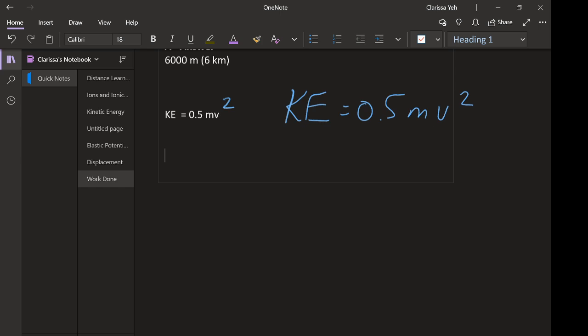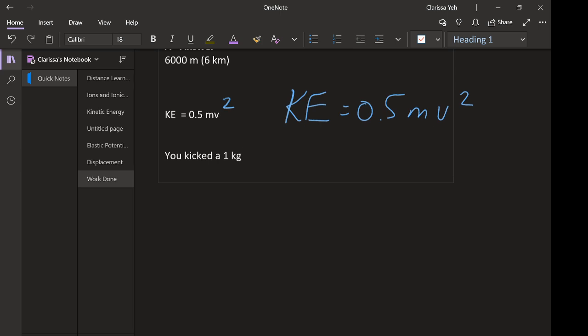So let's say the football started off, I'm gonna say, I don't even know how much footballs weigh. To make your calculation easier, I'm gonna say it weighs 1 kilogram. How much mass does a football have?